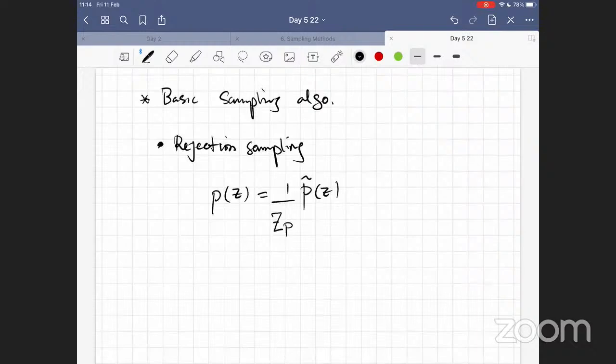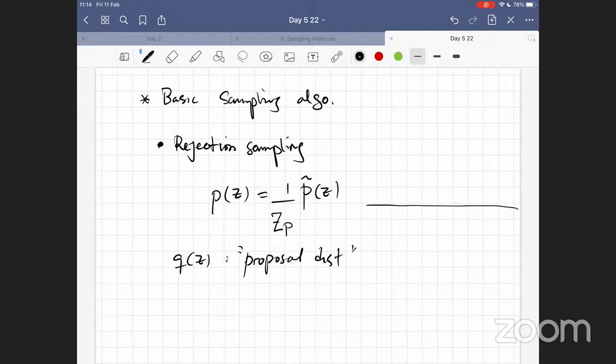In rejection sampling, you have a distribution Q, which is called a proposal distribution. How does it look? Let me draw a cartoon here. Imagine that the true distribution is something like this.